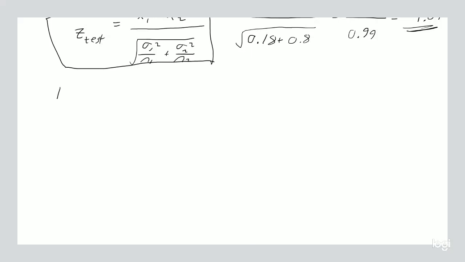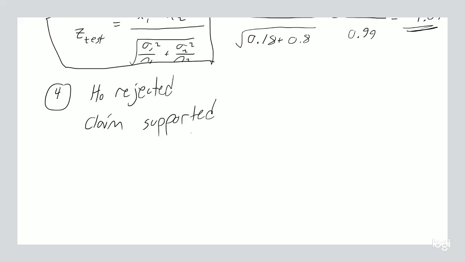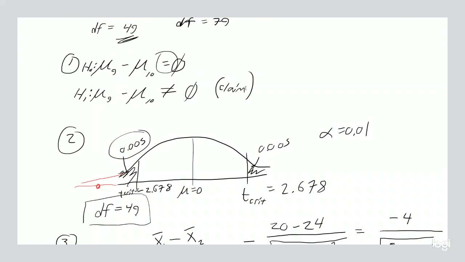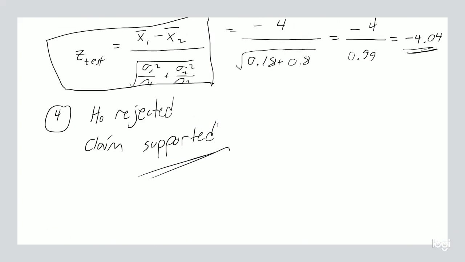Okay. So H0 rejected, and the claim is supported. Right, and that claim is supported again because it's attached to our alternative hypothesis in this case, and we rejected the null hypothesis. Right, so that's all the kinds of questions you could have for hypothesis testing.